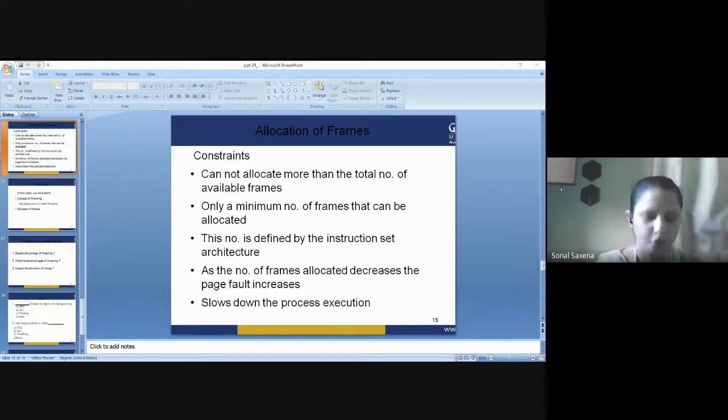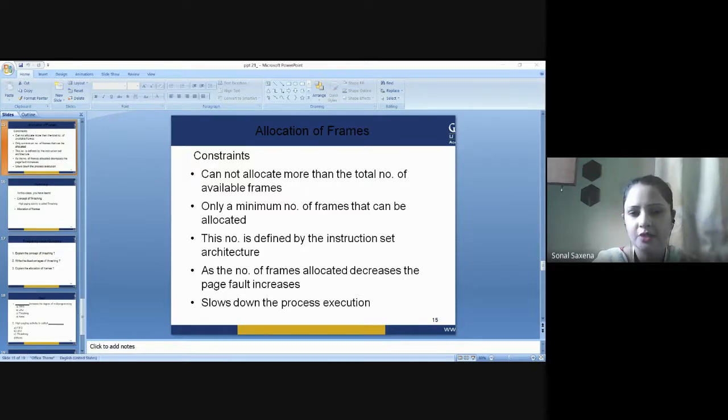Now understand what is global replacement. When a process needs a page which is not in the memory, it can bring in the new page and allocate it a frame from the set of all the frames, even if that frame is currently allocated to some other process. That is, one process can take a frame from another. Now, what is the advantage here?